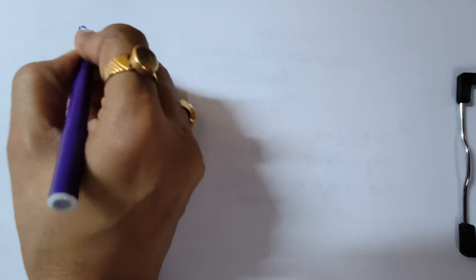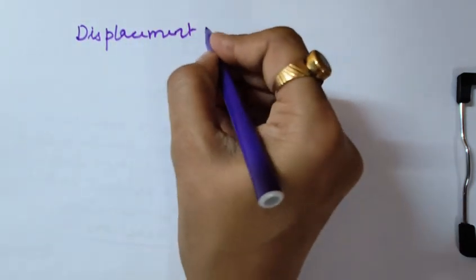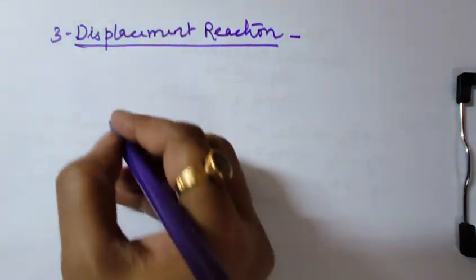Now the third type of reaction is displacement reaction. Okay. So displacement reaction is the third type of reaction.